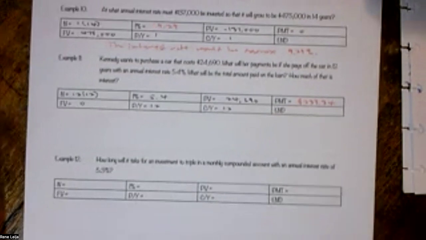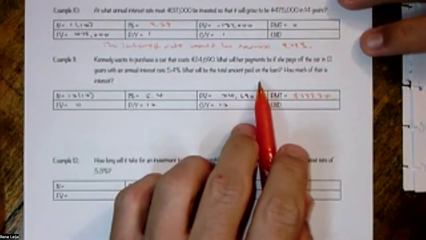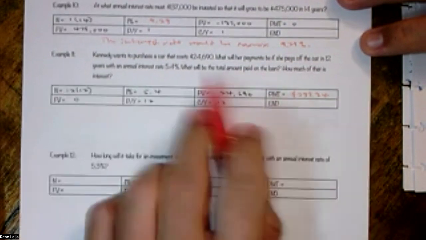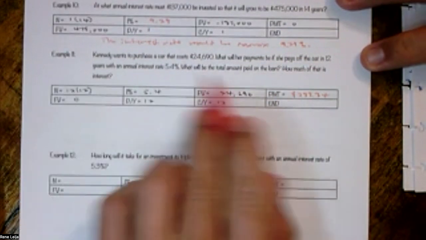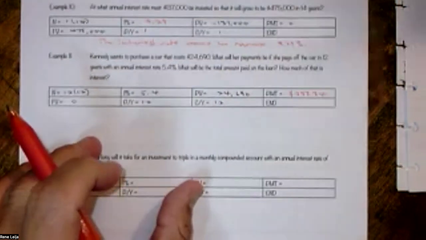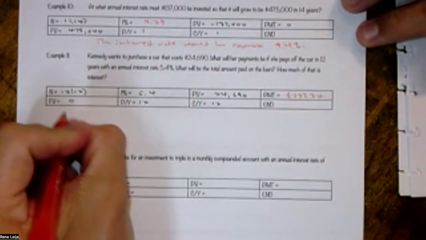Okay. Now, that's not anything of what the question's asking, but we had to find that so that we can answer the question, what will be the total amount paid on the loan? All right, so the total amount.